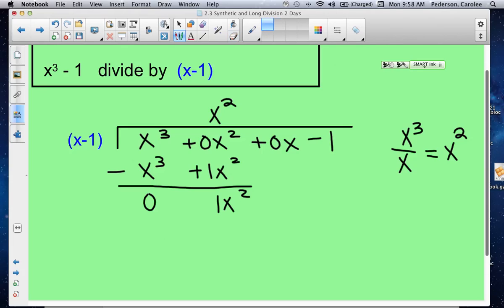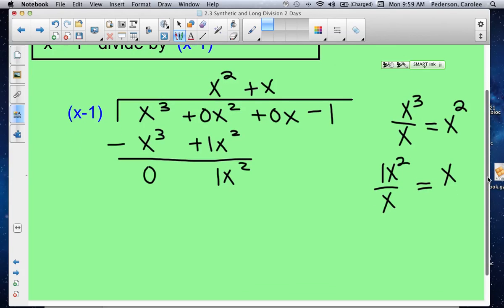Now let's come over here, off to the side. And now we're going to take 1x squared and divide it by x. What are we left with? x squared divided by x is x. And now we multiply again. x times negative 1.